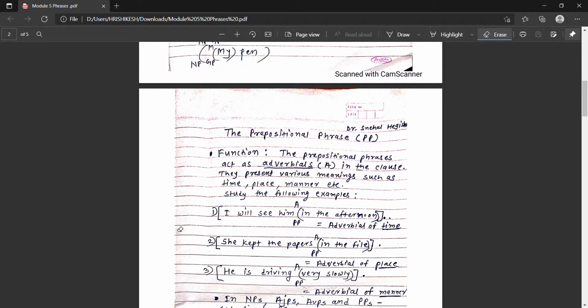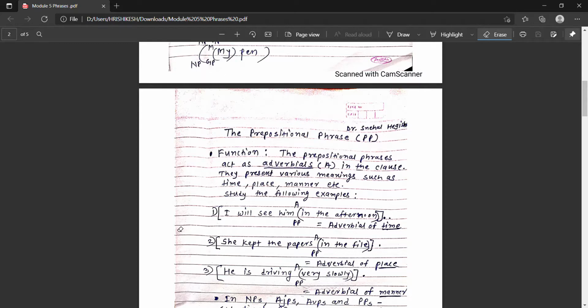So keep in mind again which topic is very important: words. That topic is very important. Read it again and again. You have to identify the classes of the words. Then you will understand phrases, clauses and sentences. So in sentence number 1, we noticed that in the afternoon shows you an adverbial of time. Why have we given this label PP?